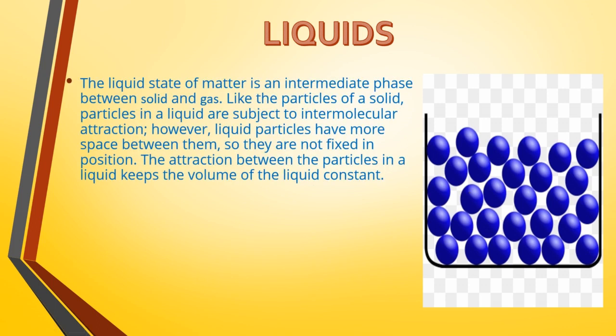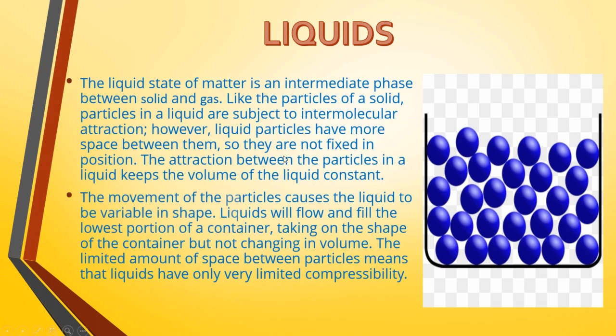The liquid state of matter is an intermediate phase between solid and gas. Like the particles of a solid, particles in a liquid are subject to intermolecular attraction. However, liquid particles have more space between them, so they are not fixed in position. Attraction between the particles keeps the volume of the liquid constant.